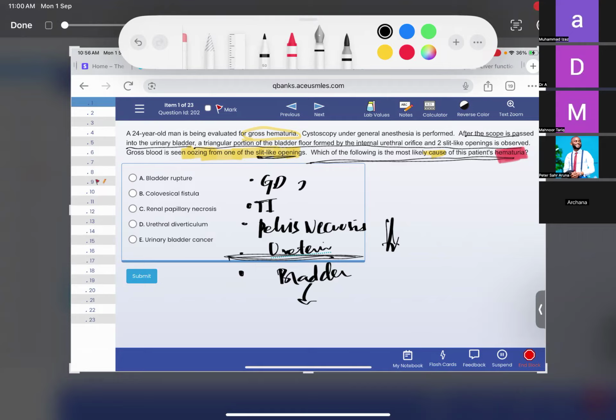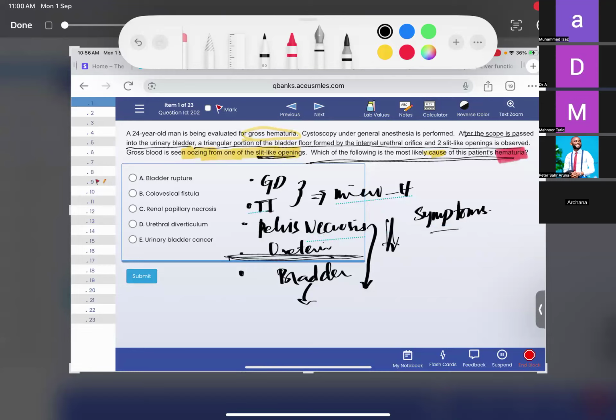I have told you that glomerular and tubulointerstitial causes will be microscopic hematuria, and pelvic and ureteric causes will be gross. From below here, most of the time it's gross, and we will differentiate these based on symptoms. Are you getting this?